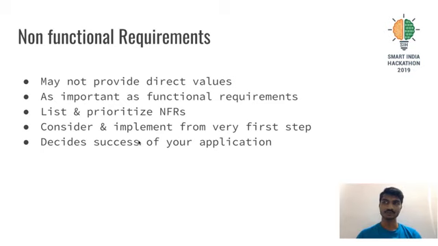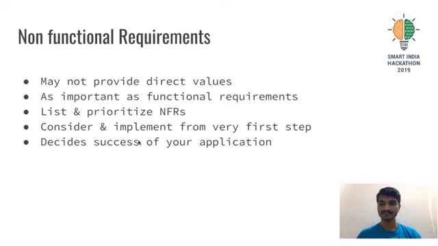So what do we need to do? When you start designing your system, you have to list the non-functional requirements which are related to your system, and then prioritize them. After that, you have to consider and implement them in your design and in the real implementation from the very first step.